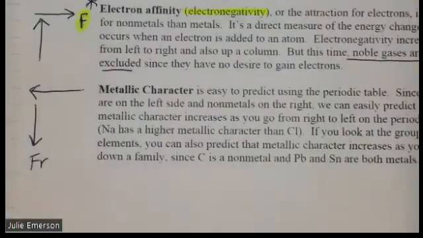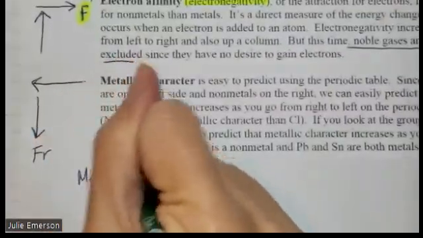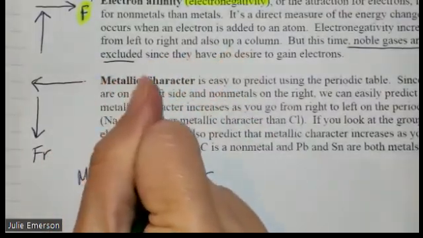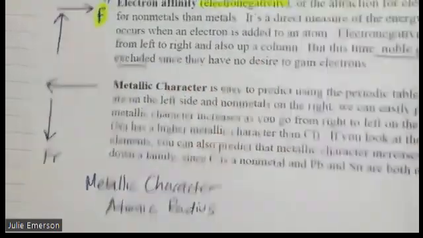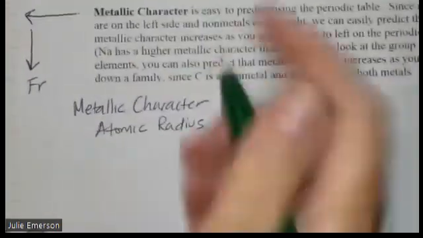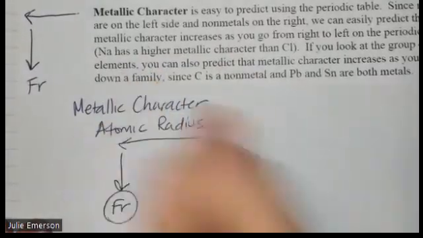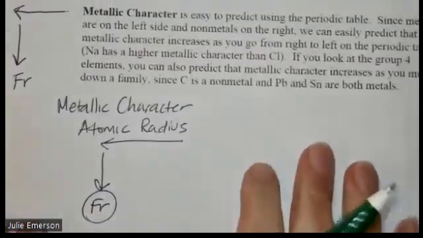So just to summarize, metallic character and atomic radius or atomic size, I see both. I like atomic radius because I like that AR goes to FR. The trend is increase to the left and down. Francium should be the most: highest metallic character, largest in size.